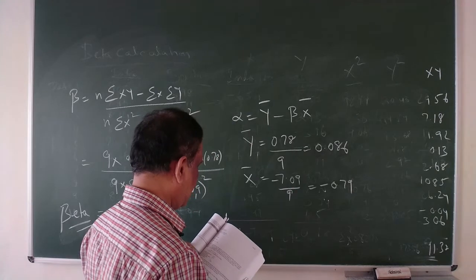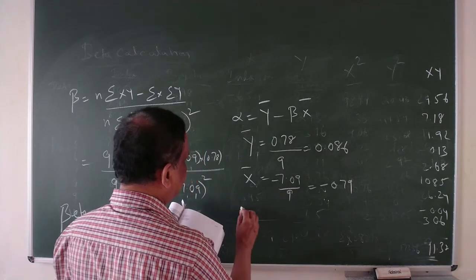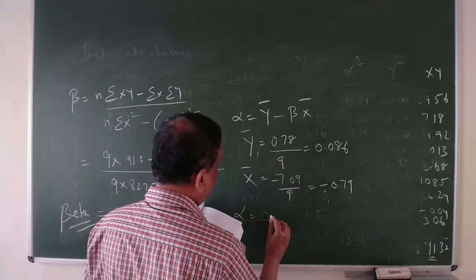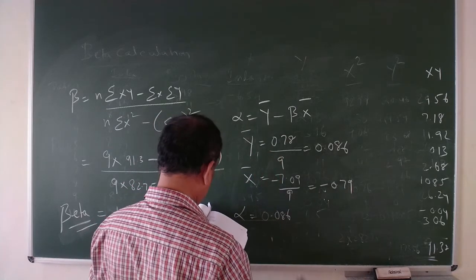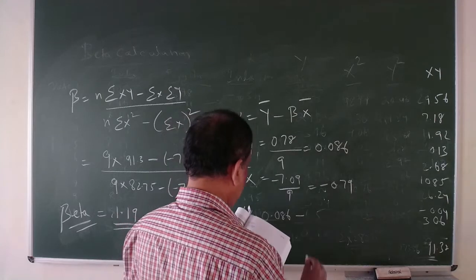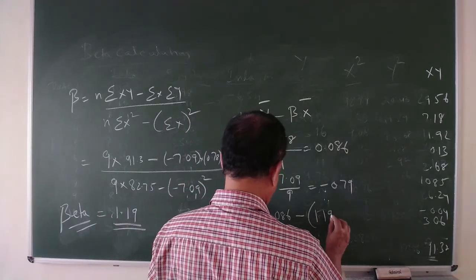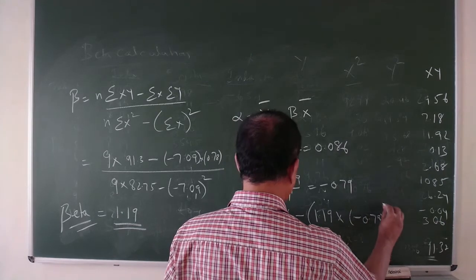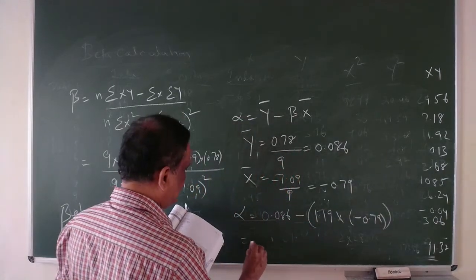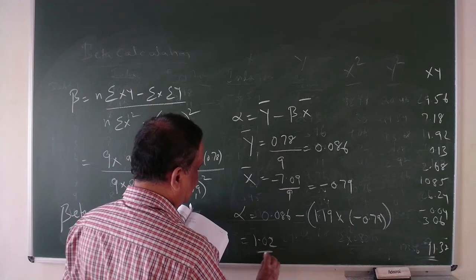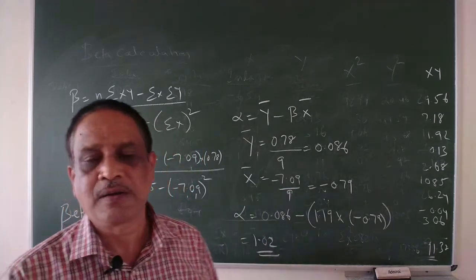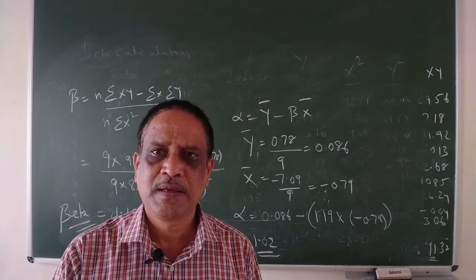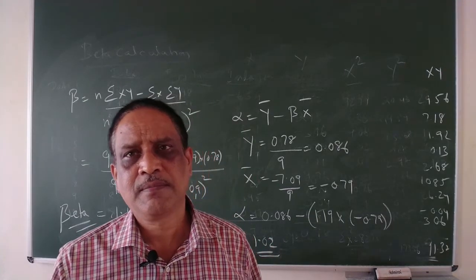Okay. So, alpha would be 0.086, that is y bar, minus beta is 1.19 multiplied by minus 0.79. When you solve this, you will get it as 1.02. So, we have calculated both alpha and beta, that is slope and the intercept. Okay. Thank you.